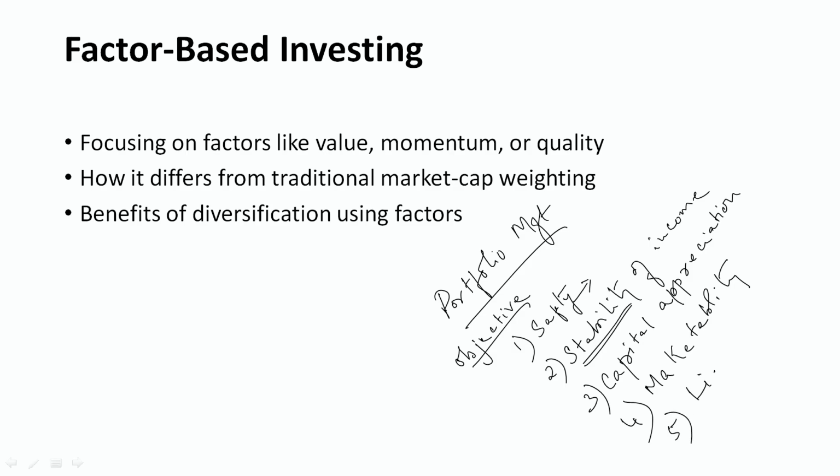It's not just that I can sell, I can also get cash out of it, which is called liquidity. And sixth is diversification. These are some of the objectives of portfolio management which have to be taken care of.